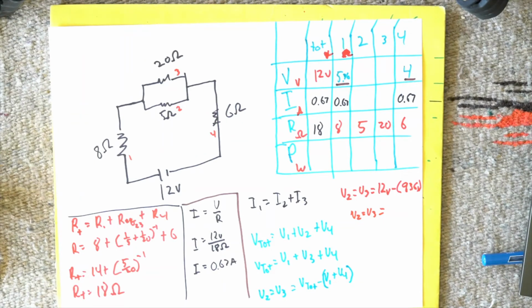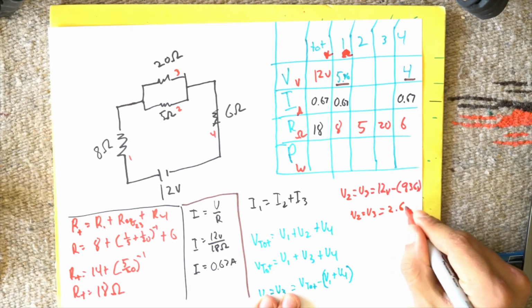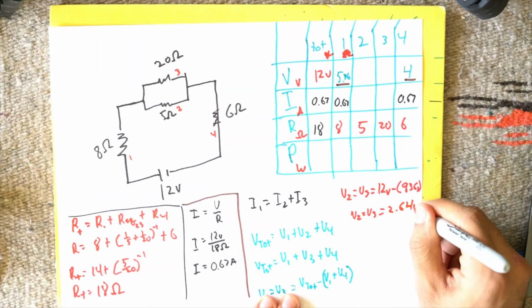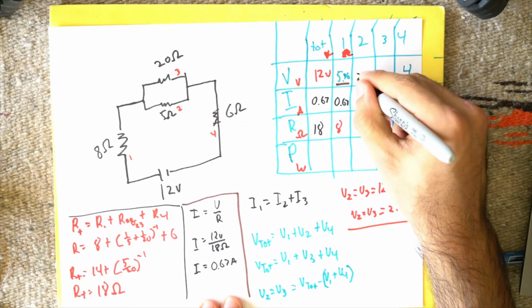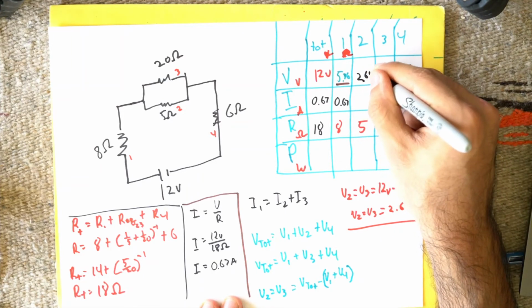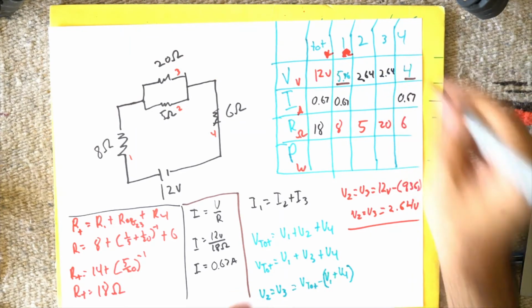That should be 2.64 volts. So then I can write that up here. Each one will be 2.64 volts and then 2.64 volts.